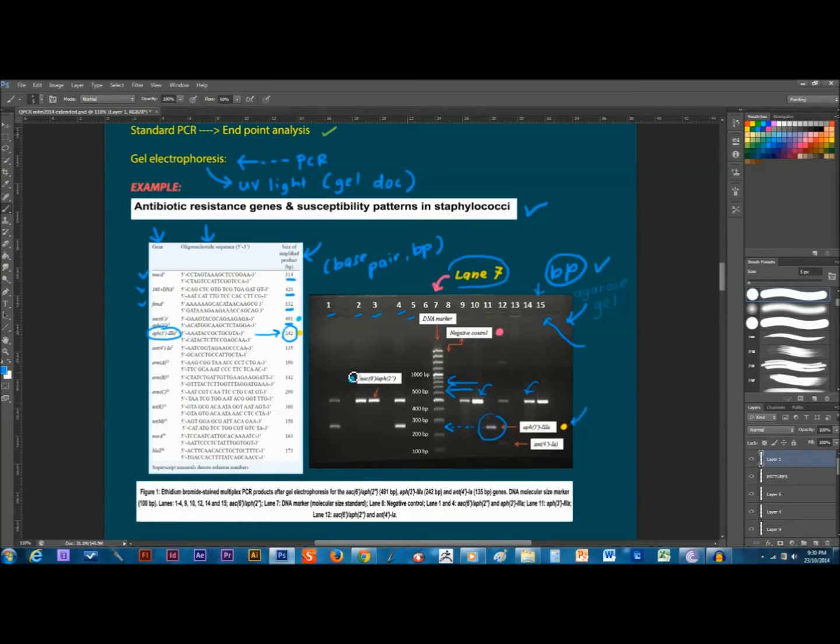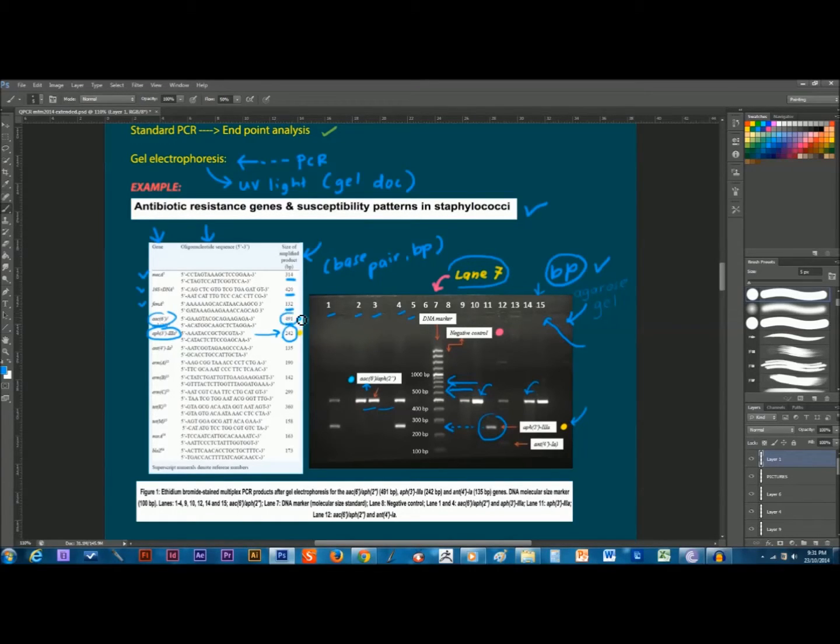And then let's look at this band. It is situated in between 400 to 500 base pair. So actually this belongs to this gene, AAC-APH2.